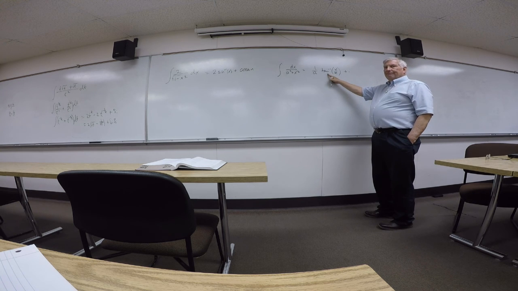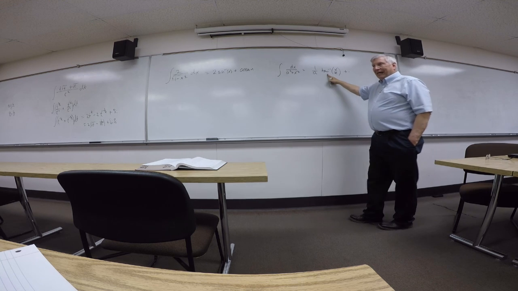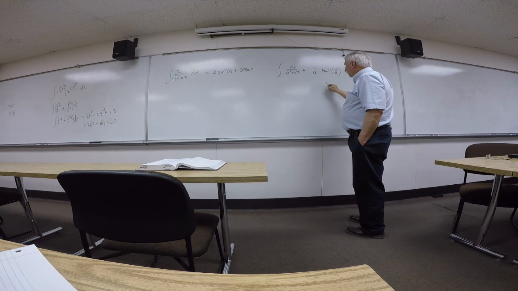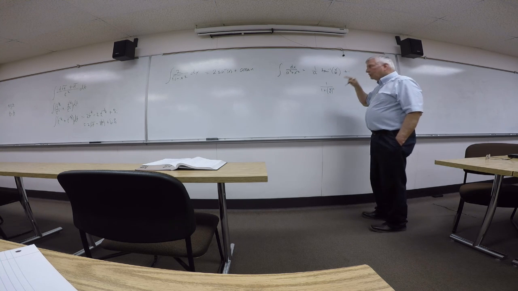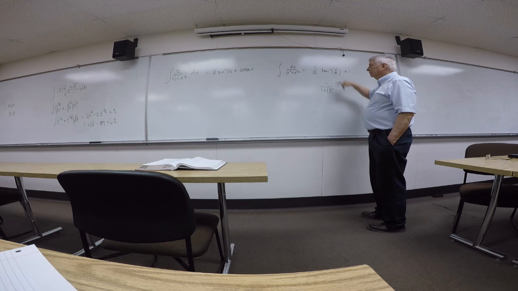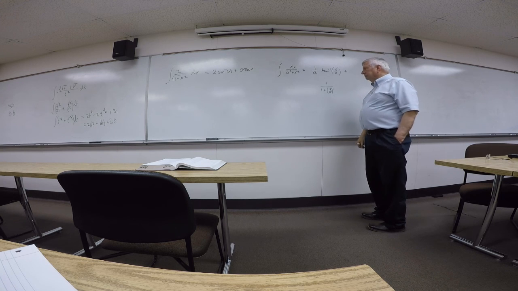Derivative of this, checking it: derivative of the inverse tangent is 1 over 1 plus x squared, but here x squared is x over a, squared, times the derivative of x over a.